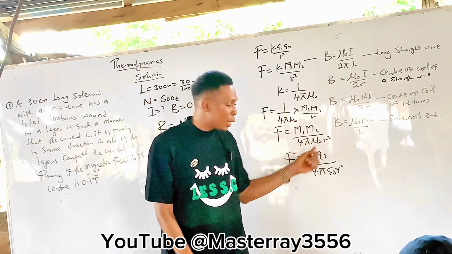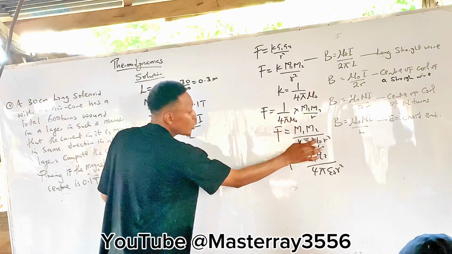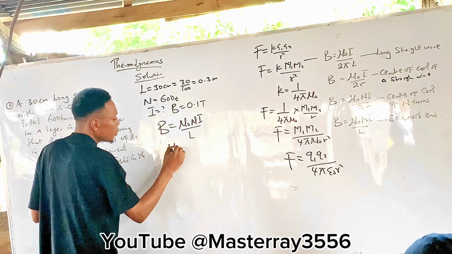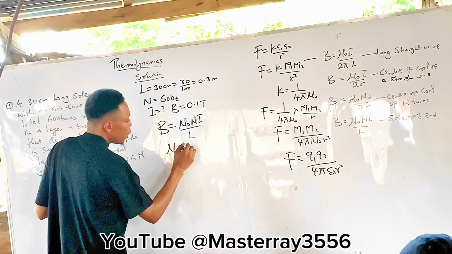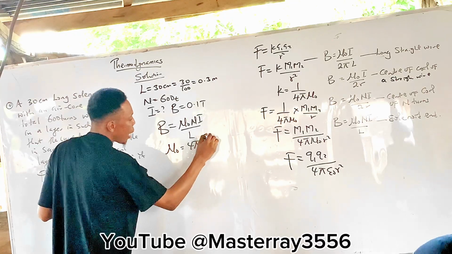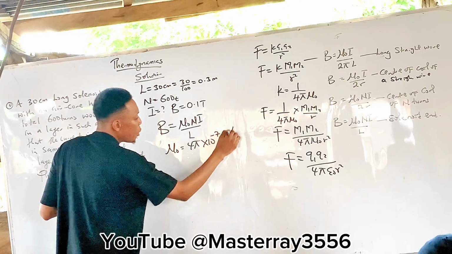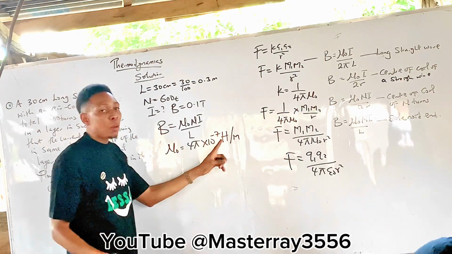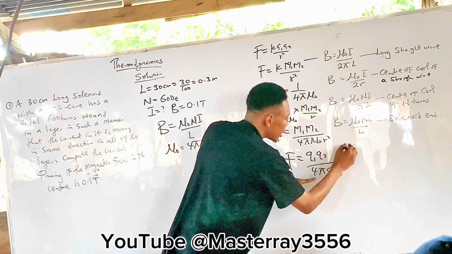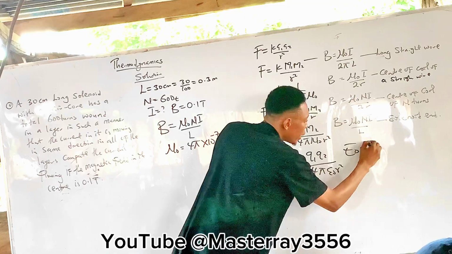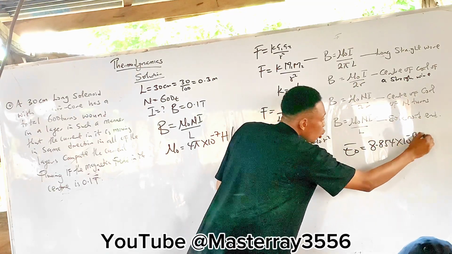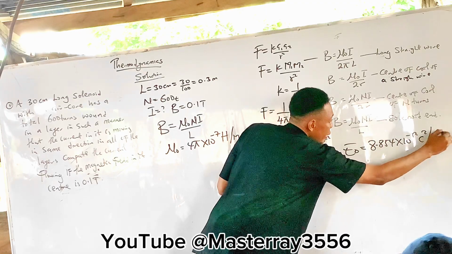This mu naught also has its constant value. Mu naught equals 4 pi times 10 raised to the power minus 7 Henry per meter, while epsilon naught equals 8.854 times 10 raised to the power minus 12 coulomb squared per Newton meter squared.